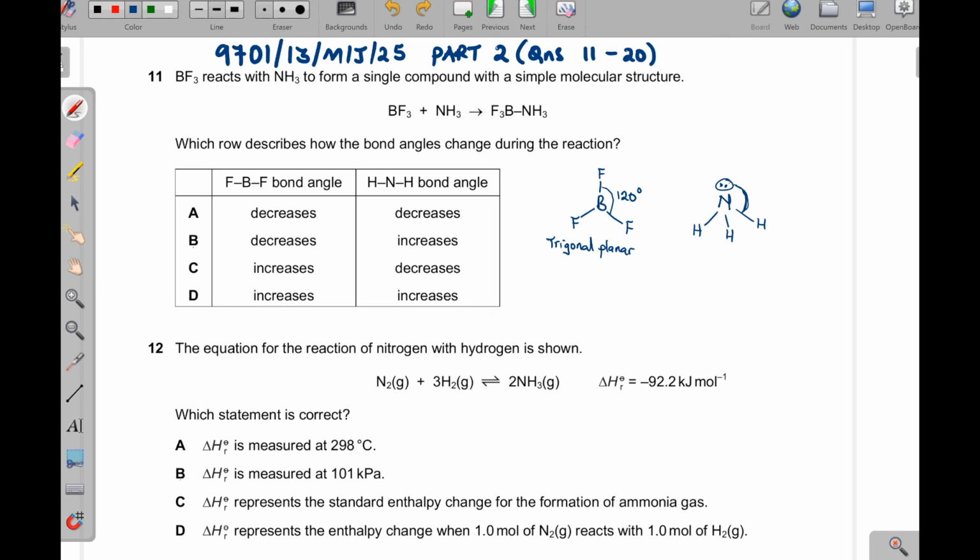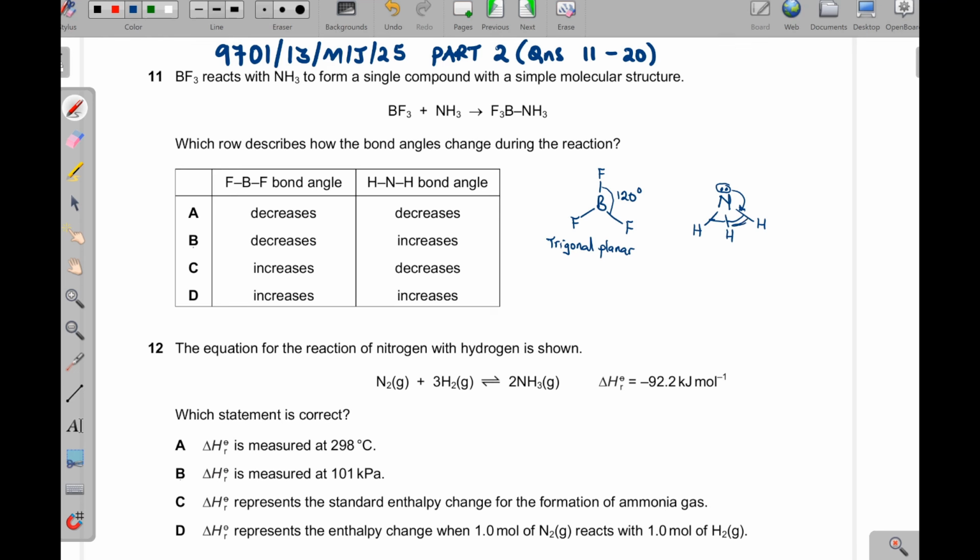So in such a case, if I take off these and I put, let's say, 1 here. If it is tetrahedral, we know that the angle is 109.5. But now when you replace all of these ones, the angle is going to be the same, okay? But now, when we take away that bond pair and replace it with a lone pair, the repulsion is going to be bigger than this one and this.